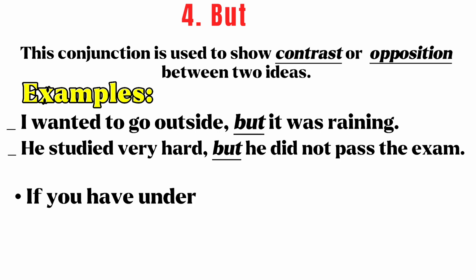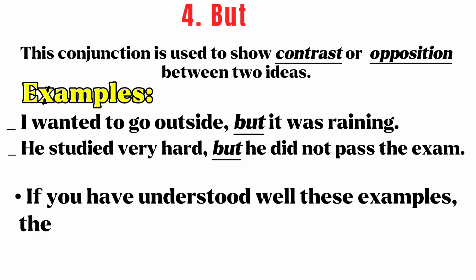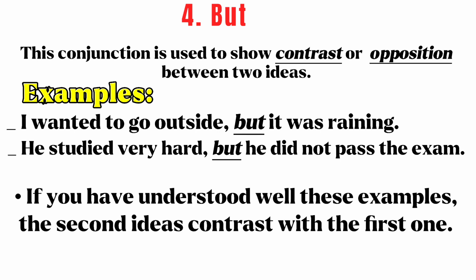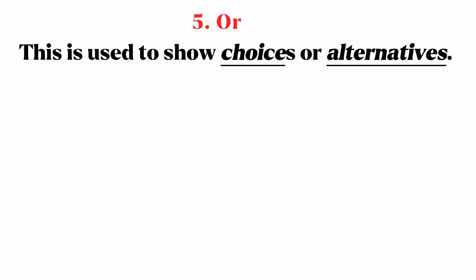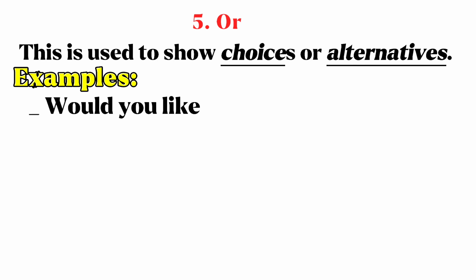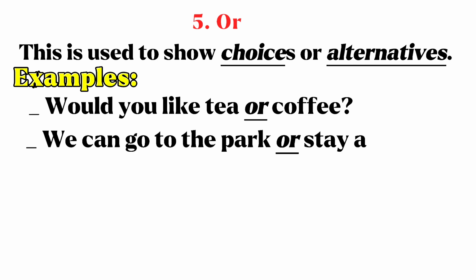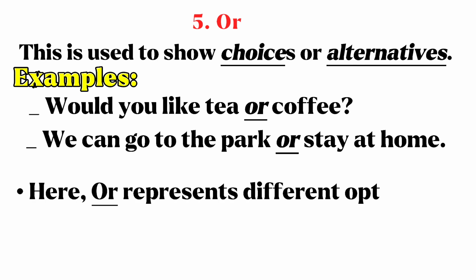If you have understood well these examples, the second ideas contrast with the first one. The fifth is or. This is used to show choice or alternatives. Examples: Would you like tea or coffee? We can go to the park or stay at home. Here, or presents different options.